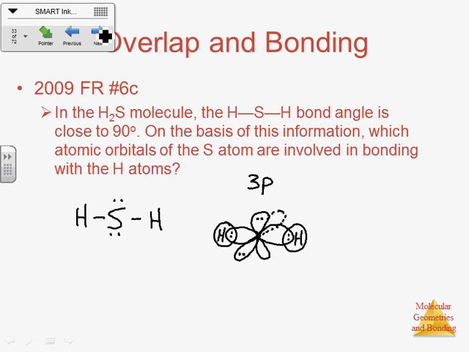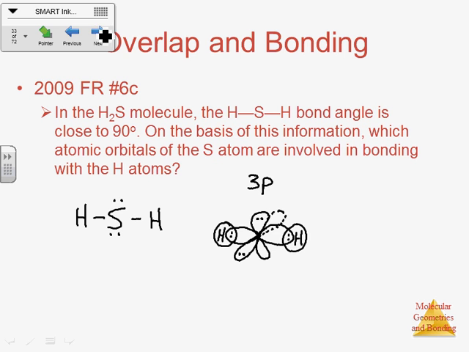Now, I can't draw this very well in 2 dimensions, but you have to remember that these orbitals are actually forming sort of a tetrahedral type structure, but the lone pairs are pushing on those bonds to make the angles a little bit closer to 90 degrees.